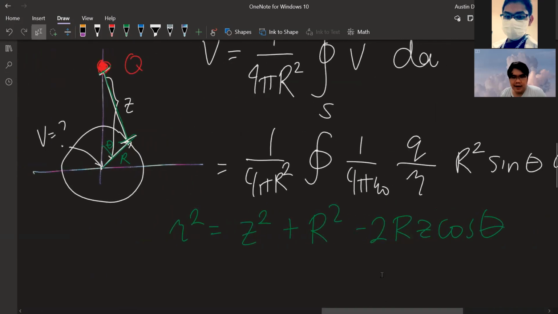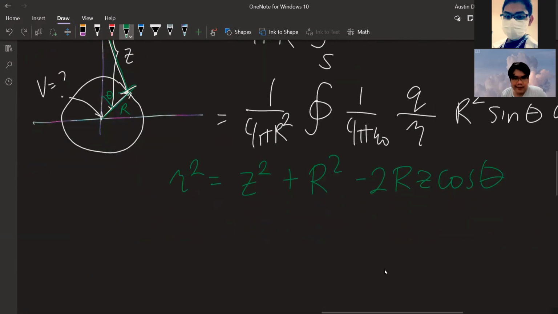Okay? Then I'll use my technique na this is 2r dr, tapos with respect to cosine theta na lang. So this is actually 2rz sine theta d theta. Okay?